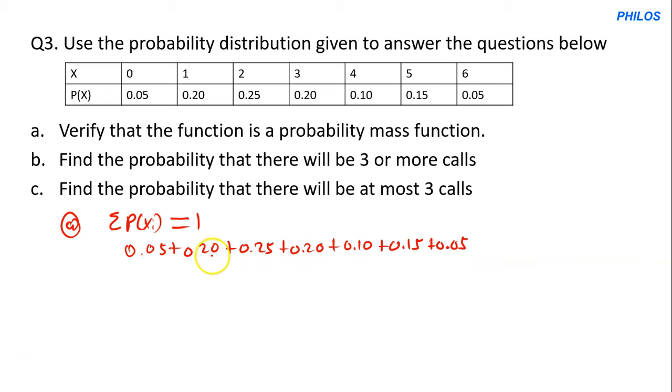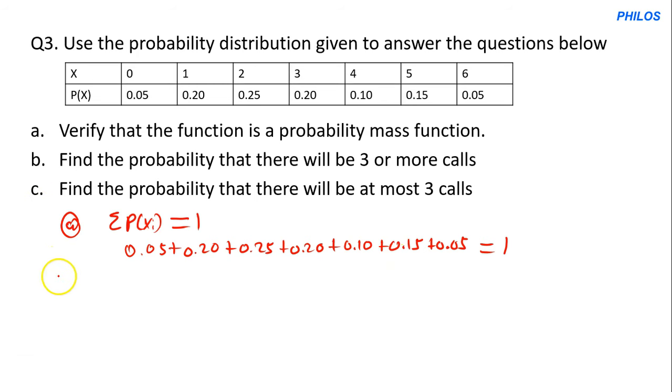Please use your calculator. Plus 0.25 will give us 0.5. Plus 0.2 will give us 0.7. Plus 0.1 will give us 0.8. Plus 0.15 will give us 0.95. Then plus 0.05 will give us 1. So it is a probability mass function.